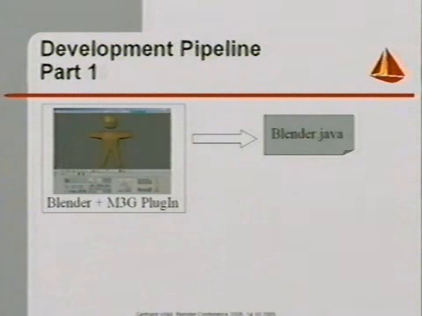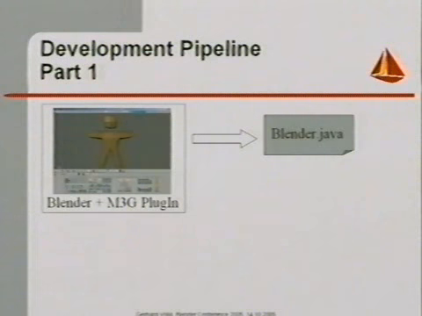You have a switch, you can say, okay, export a Java program which generates my model, and if you turn the switch the other way, you can say, okay, now generate an M3G binary file.